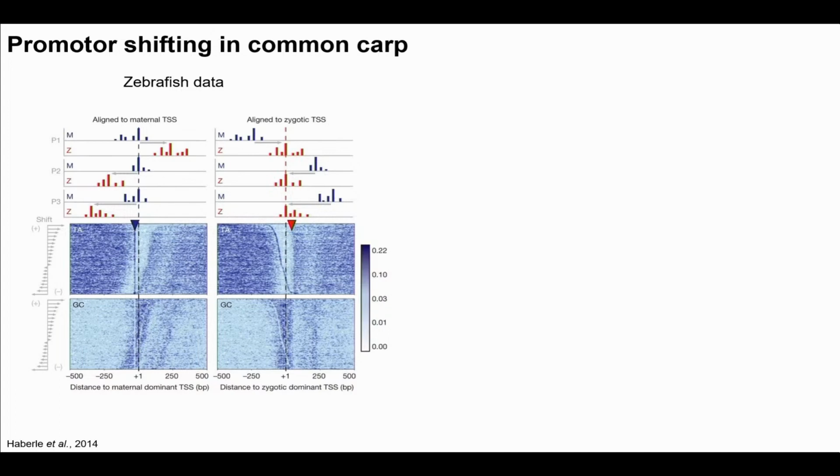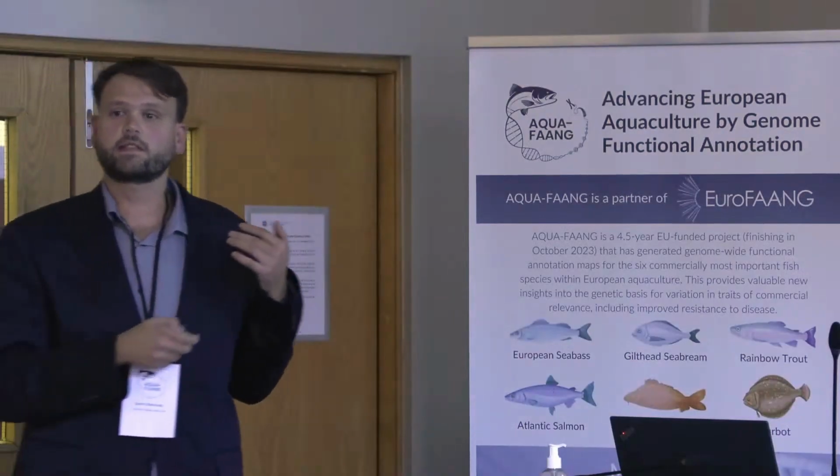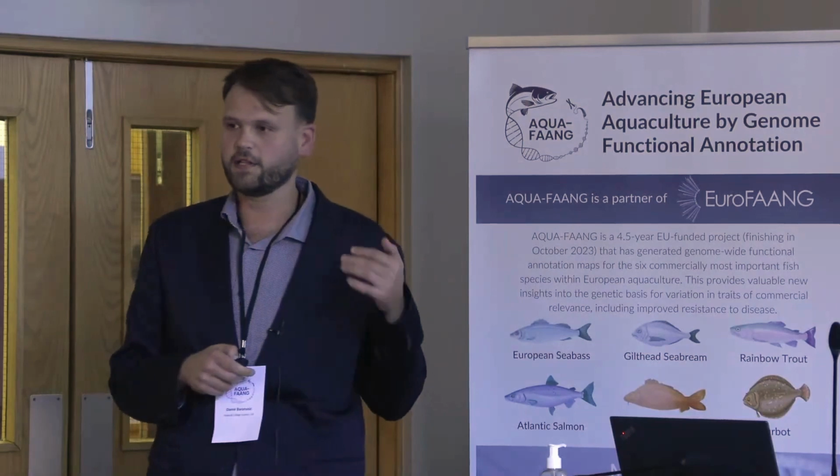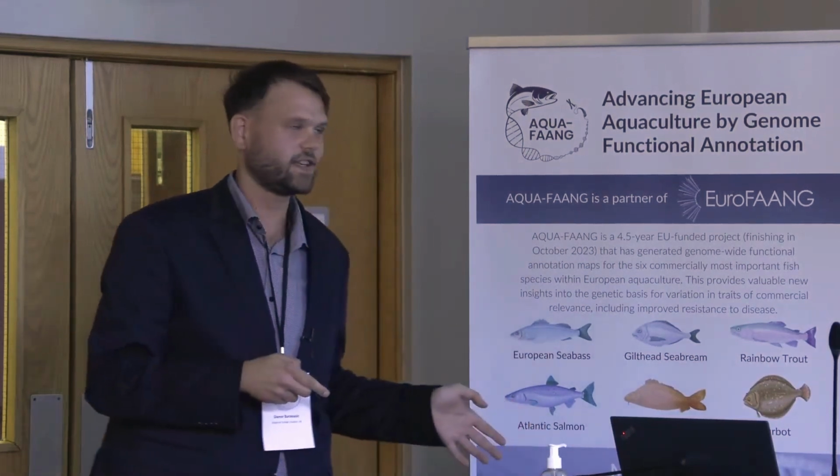But if we center them on the zygotic TSS, you can see that we have a nucleosome positioning signal really sharp here, and that the W box doesn't influence actually too much the position. So this is all already published in zebrafish.